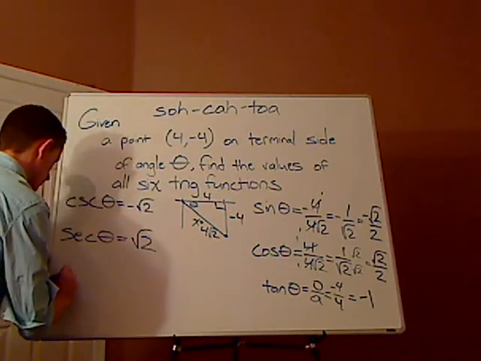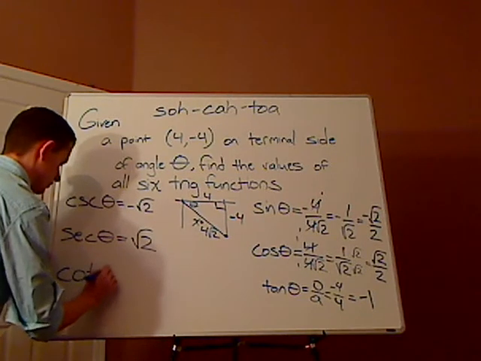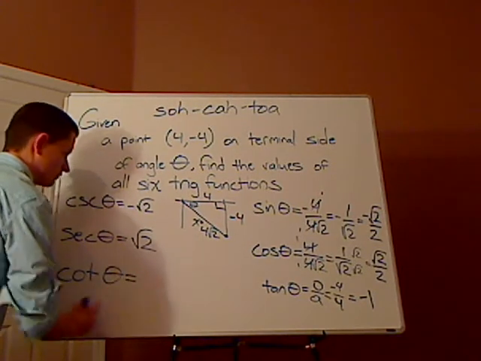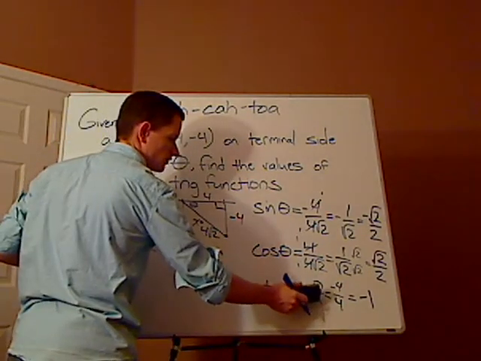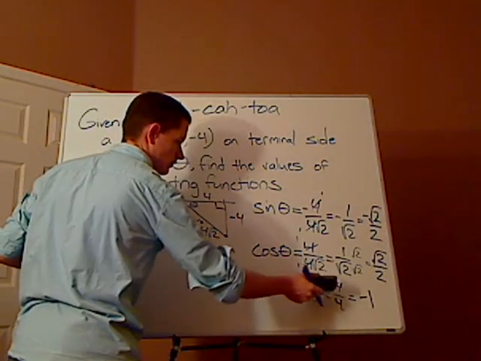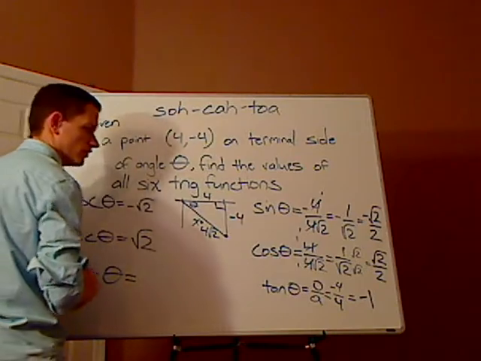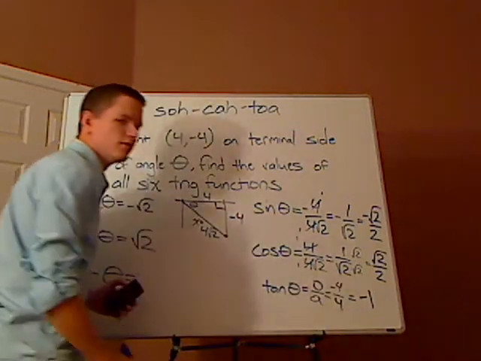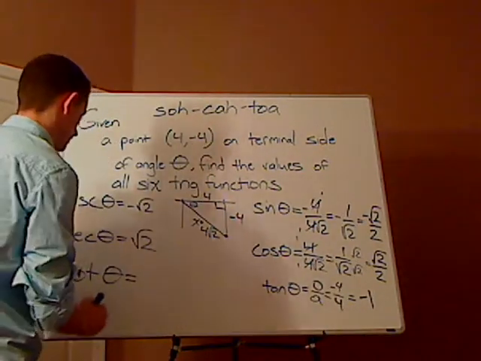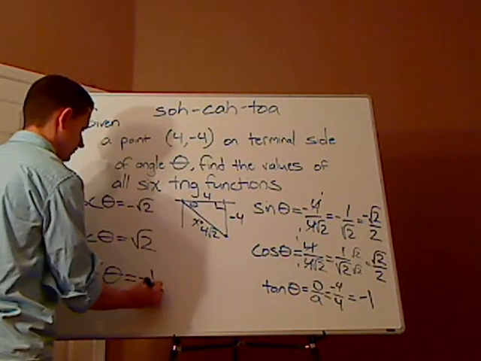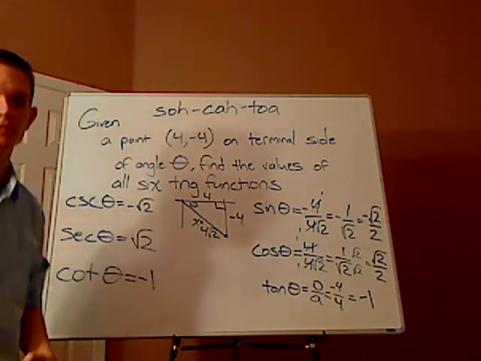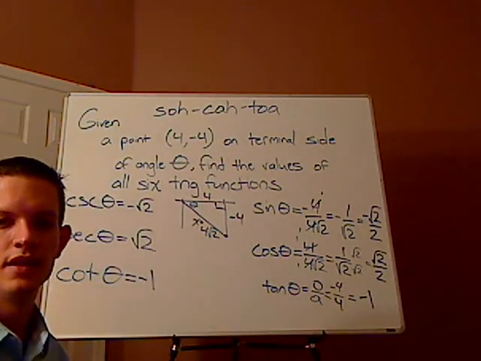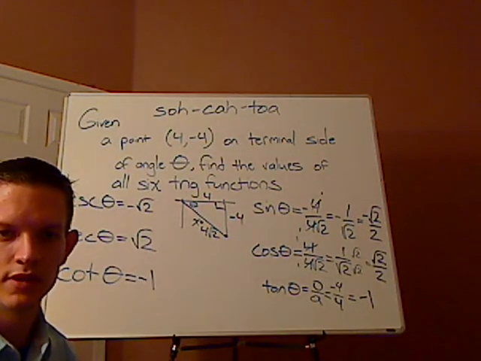Then I have cotangent of that angle. Cotangent is the adjacent over the opposite. So it's going to be negative 1 flipped, which is going to be negative 1. And that's it. It was a lot of work, and hopefully that made sense.